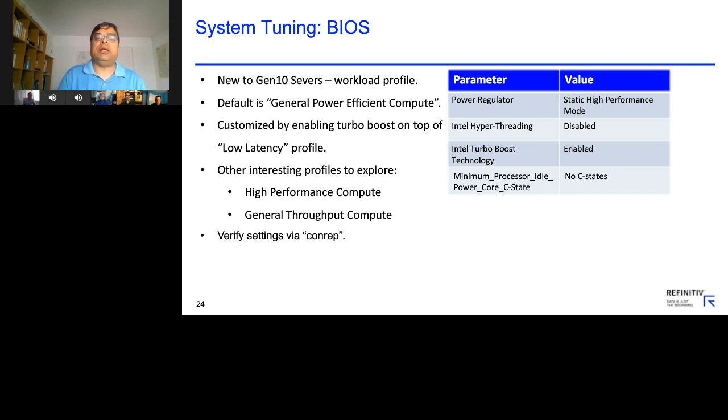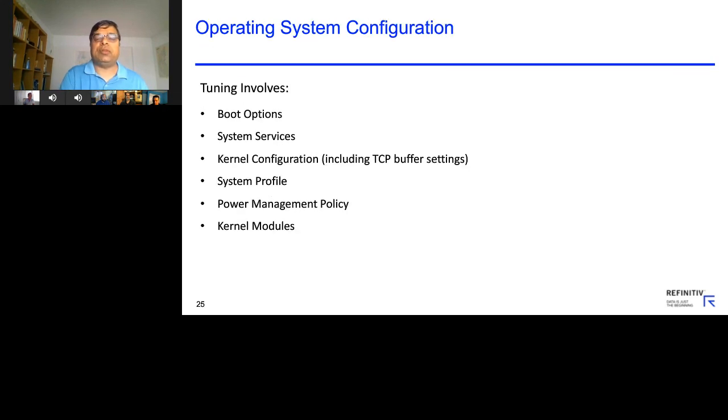So with the Gen 10s, the BIOS tuning has become much easier. Now there is the concept of a workload profile. So we no longer have to go and tweak every single thing like the power regulator or turbo boost or C-states. Instead, we can choose an appropriate workload profile, and then all of the settings are in one place.